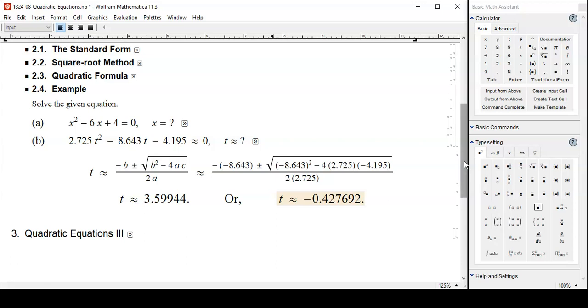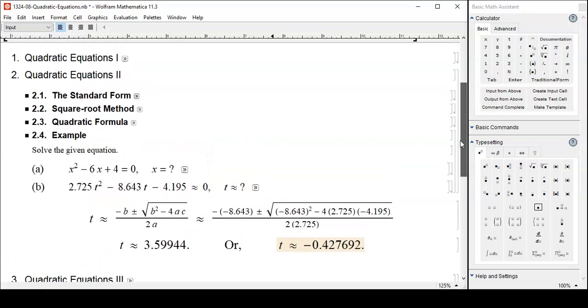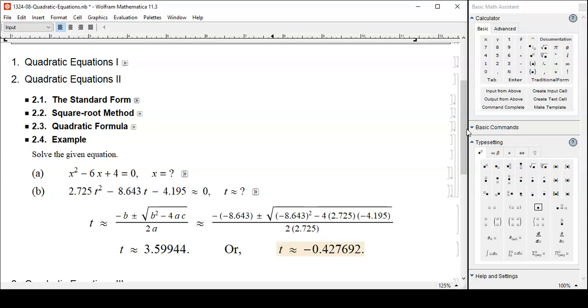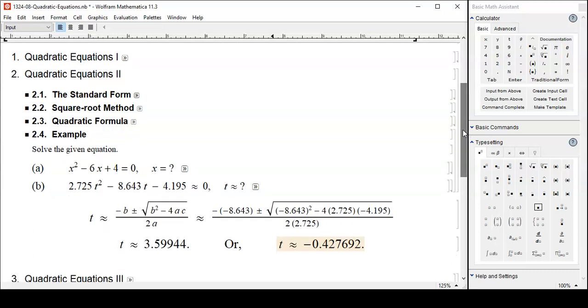By the way, if this kind of problem appears in modeling problems, such as some business problem or geometry problems or some physics or chemistry problem, in many cases, you may have to discuss a negative t-value and take the positive t-value only.